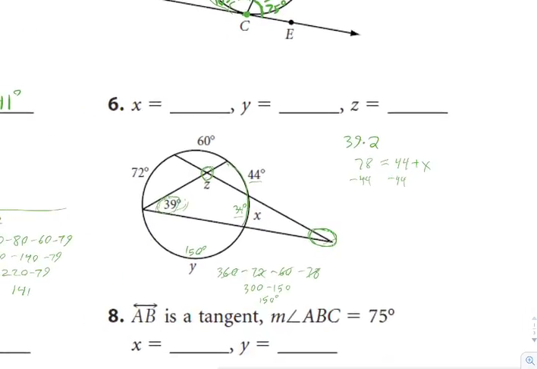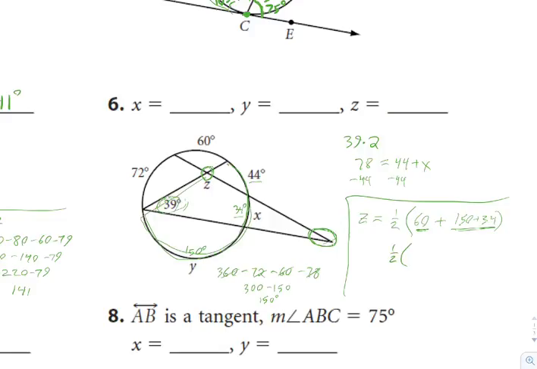So I'm going to go off to the side here, create a little space for myself, and I'm going to say Z equals 1/2 of one arc, which is 60, plus the other arc, and the other arc that Z opens up to here is this whole thing here. So that'd be 150 plus 34 on that side. Sorry, my writing's a little sloppy over here.